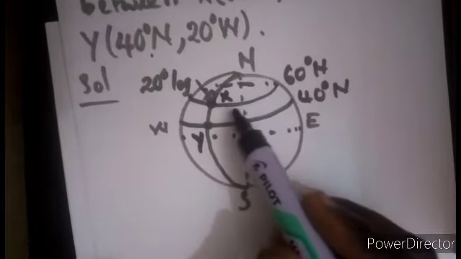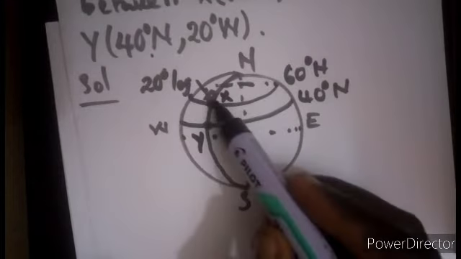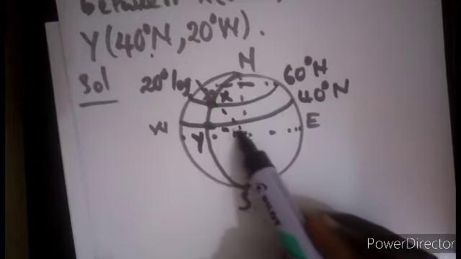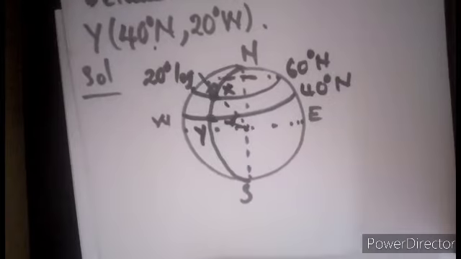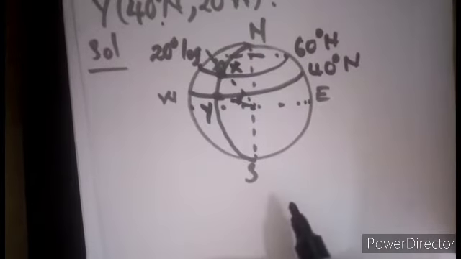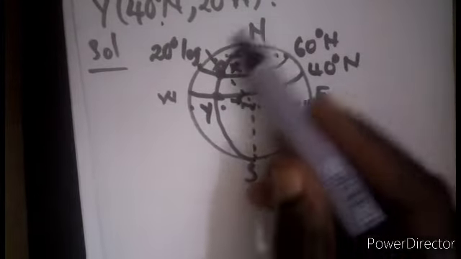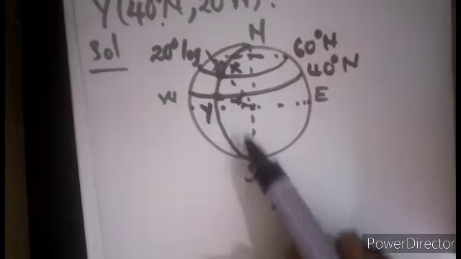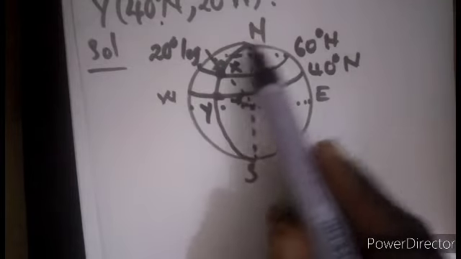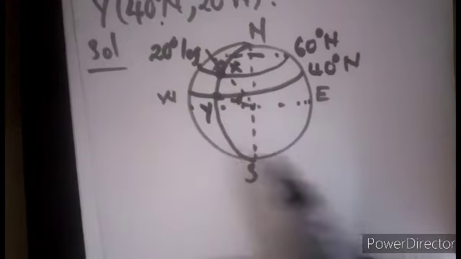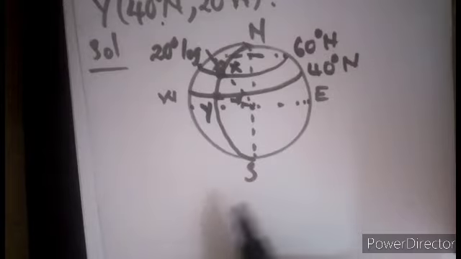So we are asked to find the angular distance at the center, the angle between those 2 points, the angular distance of x and y. Of course, you notice that they are on the same longitude and the same part of the latitude, the northern part. So what we do here is we just take the difference.